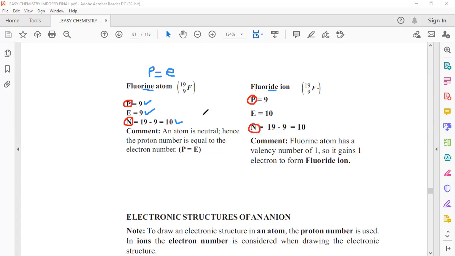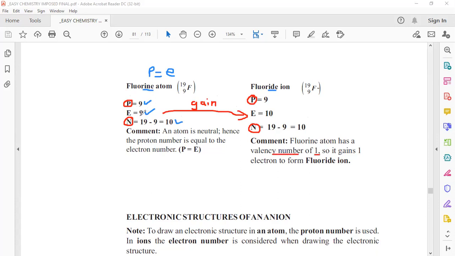But when you look at the number of electrons, we are saying there is always a gain, according to the valence number. So when you ask yourself what is the valence number of fluorine, the valence number of fluorine is 1.